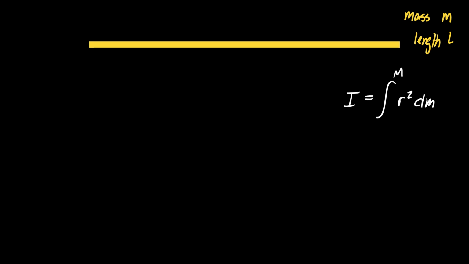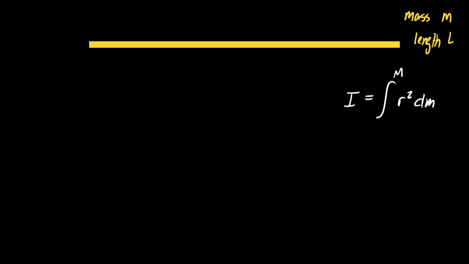So we have to find a way of turning this into something that is actionable, because this is not actionable, right? We don't know where every piece of mass is relative to the axis of rotation.